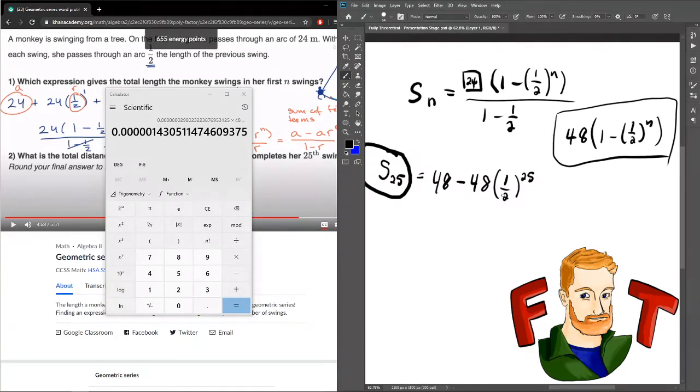So 1/2. This is obviously a really small number, really small, multiplied with that.